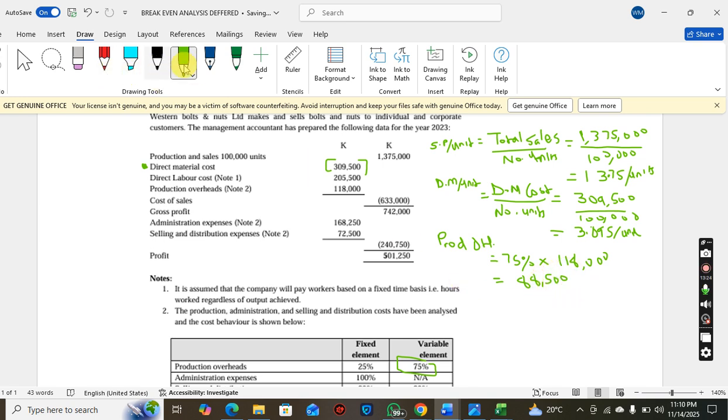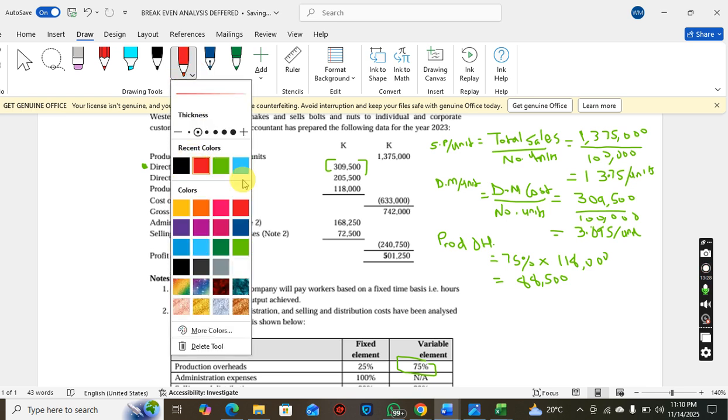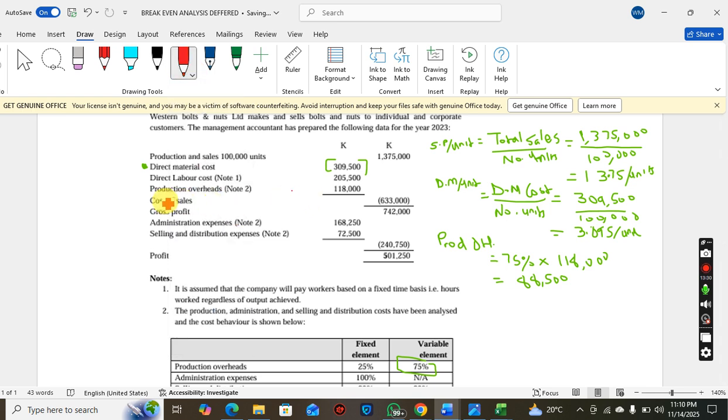Now we want the production overheads per unit, because remember, we want the variable costs. So divided by 100,000 units. We should get 0.885.